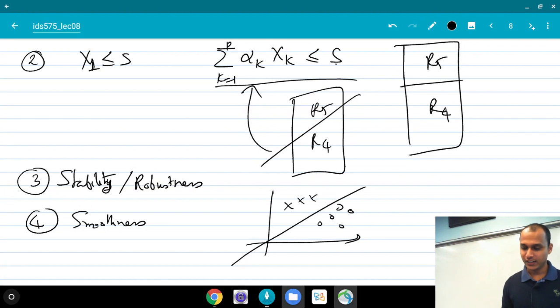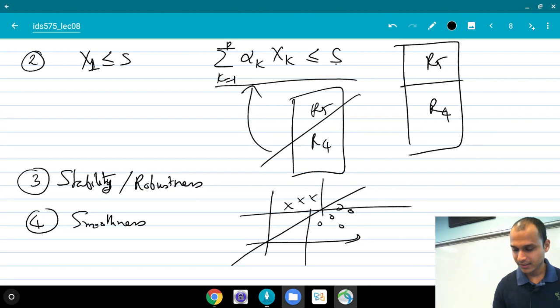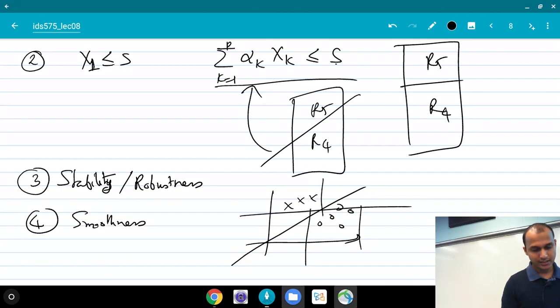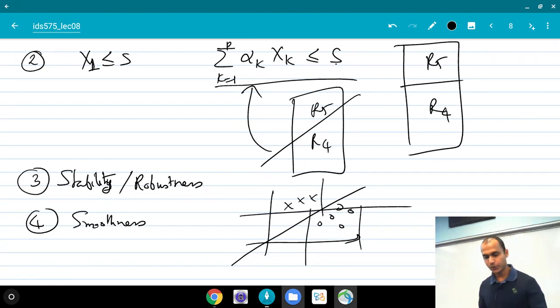But your tree model would be like blocks, split this way, something like this. So it just doesn't capture smoothness, because there are literally boundaries and they have to be axis aligned essentially.